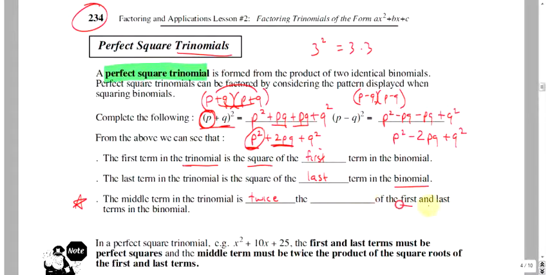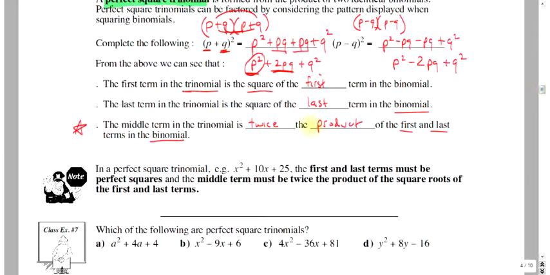The middle term is twice the product of the first and last term in the binomial. That's 2pq. So we just kind of investigated that. Now we're going to highlight it. In a perfect square trinomial, that always happens.